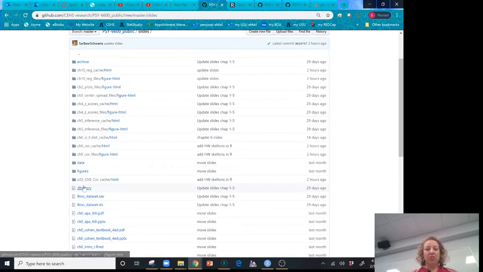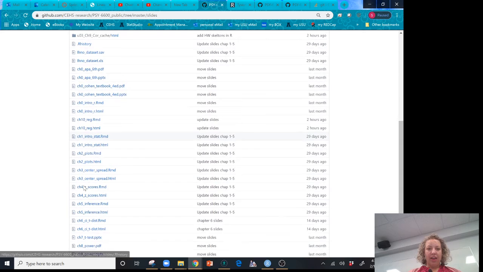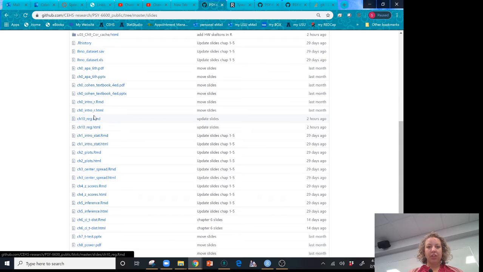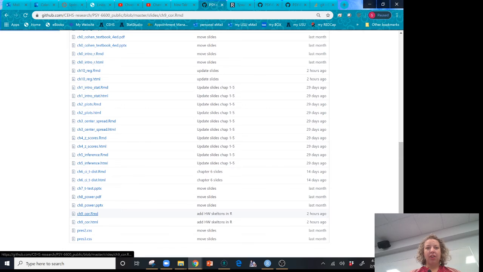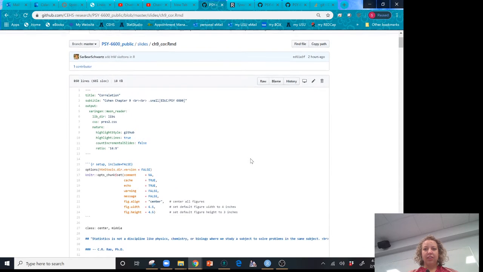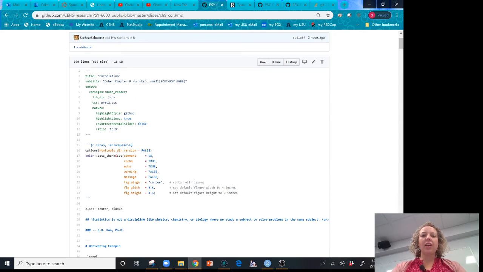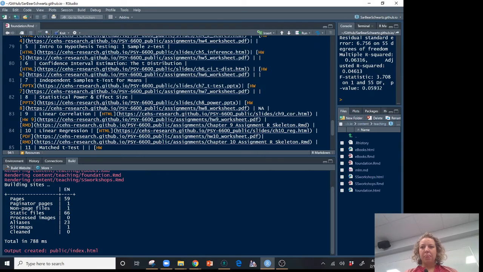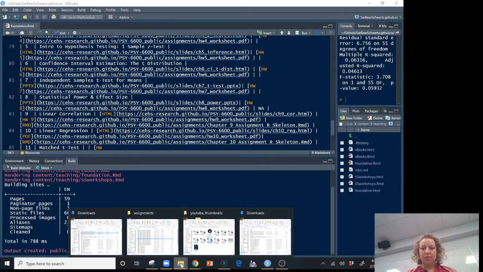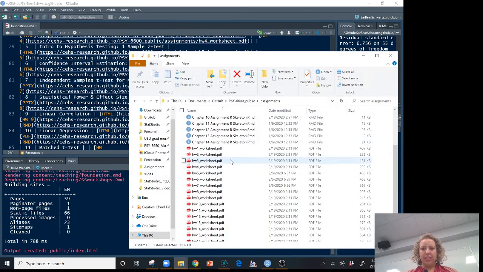I just wanted to show you an R file that makes a slideshow. So here is, see, we're doing Chapter 9. So here's the Chapter 9. Okay, let's see. It's showing it right now. I could open it in R. In fact, let me do that because then it'll look the way you're used to seeing it. I was working on this today.